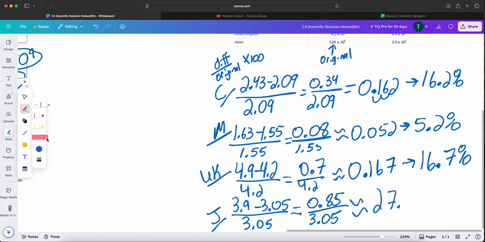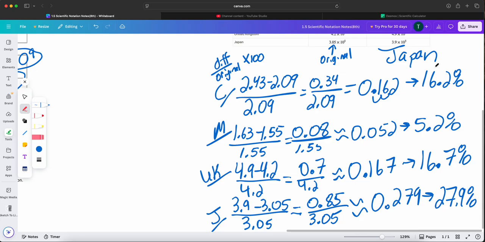Sorry, I already started converting it to a percent. When we divide that, we get about 0.279, which is 27.9%. Now I would look at the UK and Japan, because I said the UK was the greatest last time. And that would get me that our answer is Japan has the greatest, because we got a higher percent of change there. So that is it for the 1.5 notes.